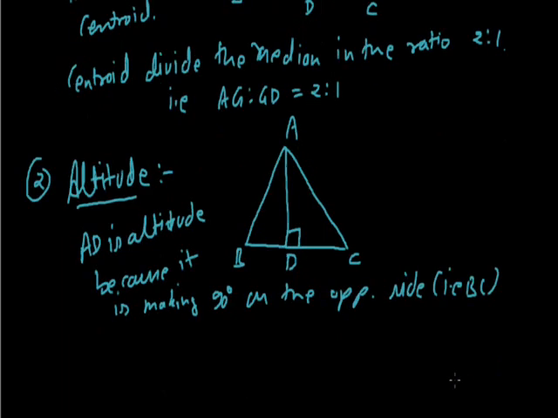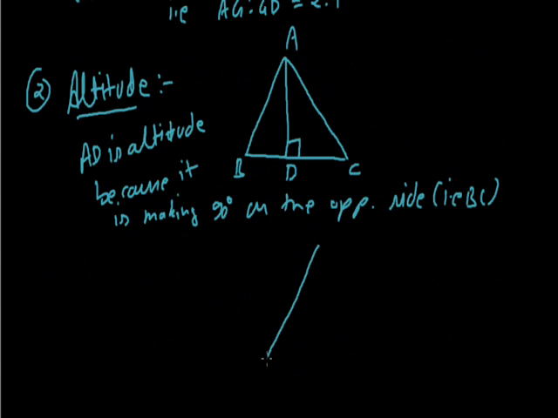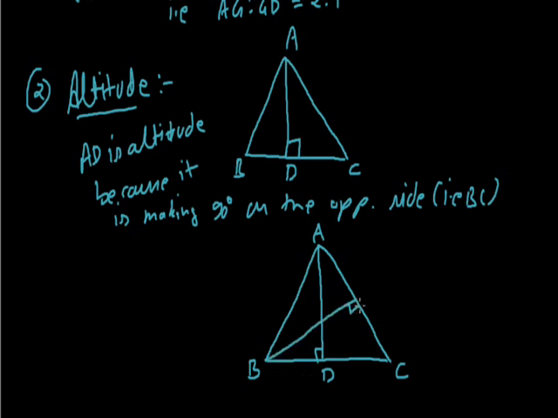Now let's say there is a triangle ABC. From vertex A I drop an altitude or perpendicular, let's say it is AD. From vertex B I drop a perpendicular to the opposite side AC, that is BE. From vertex C I drop a perpendicular to the opposite side, that is CF.